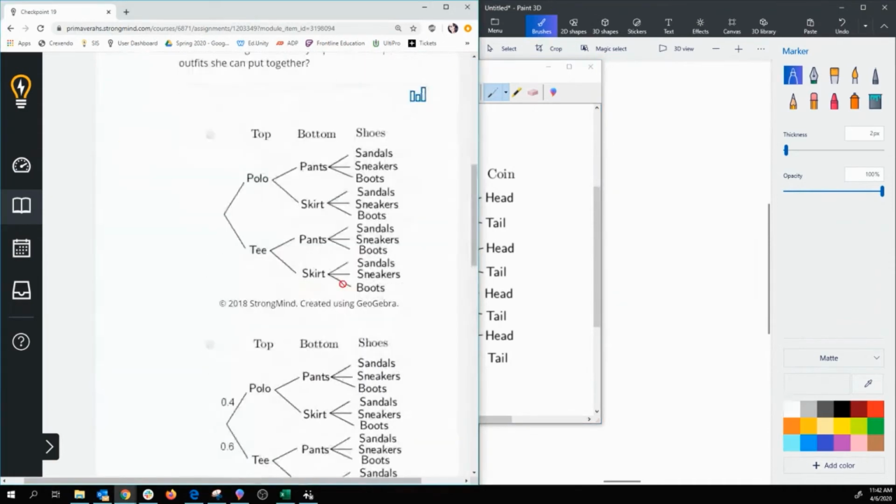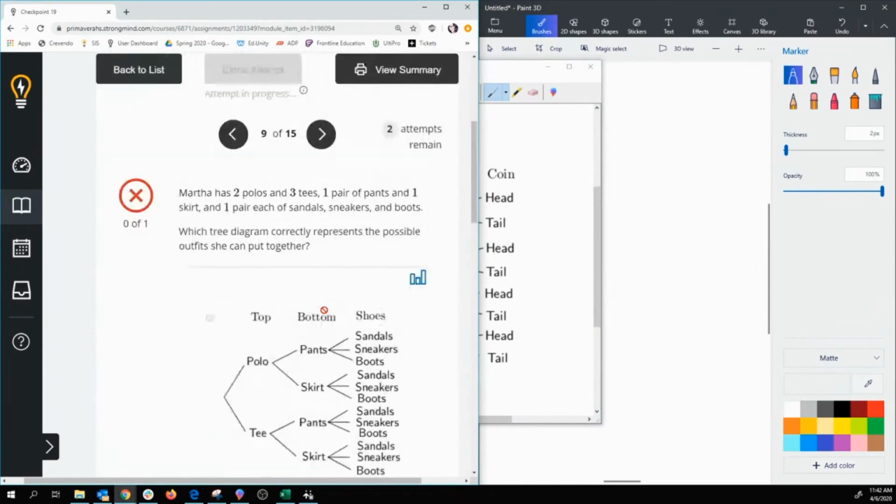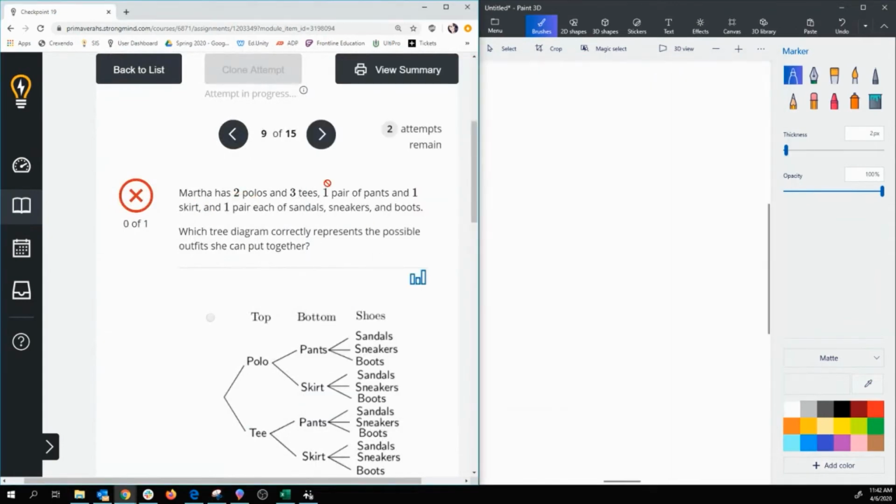So again, this is a multiple choice tree diagram question. And it's talking about Martha. It's saying that she has 2 polos and 3 t-shirts, 1 pair of pants and 1 skirt, and then 1 pair each of sneakers, boots, and sandals.